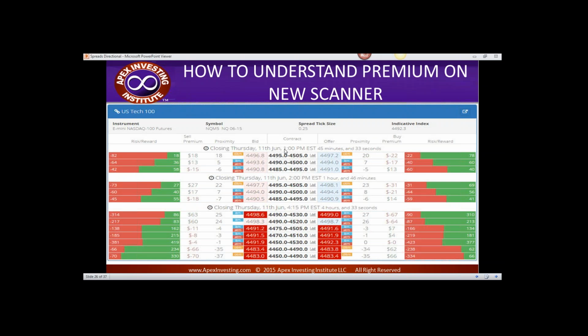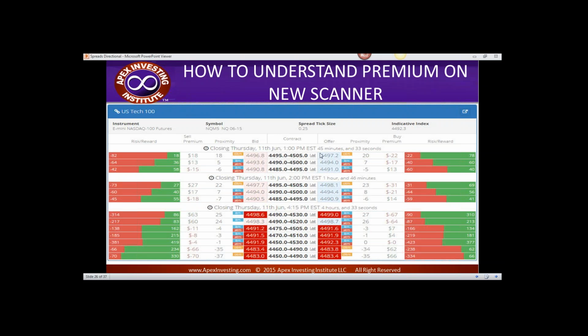So the market's below this floor. So what does that mean? It means the market would have to move up from 44.92 up to 44.95 and then start moving for us to start making money. That makes sense? Like, we're not inside our floor and ceiling range. The market is outside of our floor or ceiling.